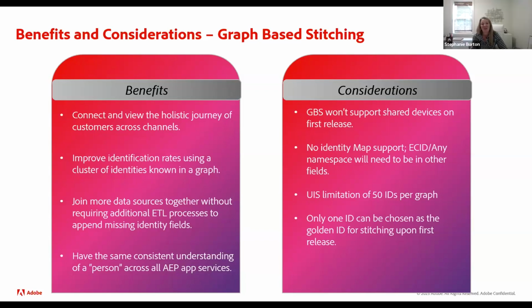Okay, yeah, great. We do have some limitations that we inherit, right, from the user identity service. So like 50 IDs per graph, right? Usually that's not really an issue unless you have a lot of kiosk data or things like that. And then you really can only choose one golden ID to reference for your stitching.